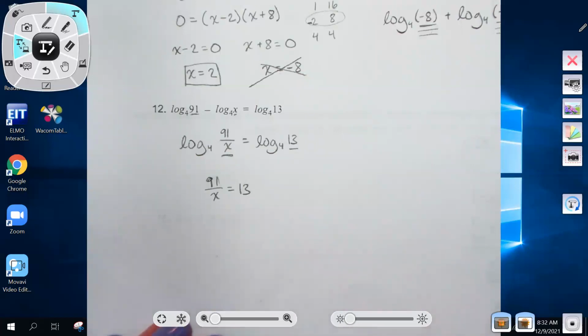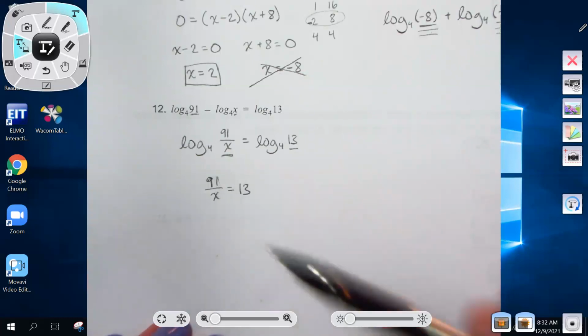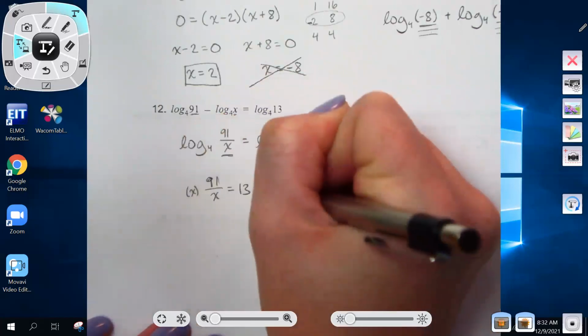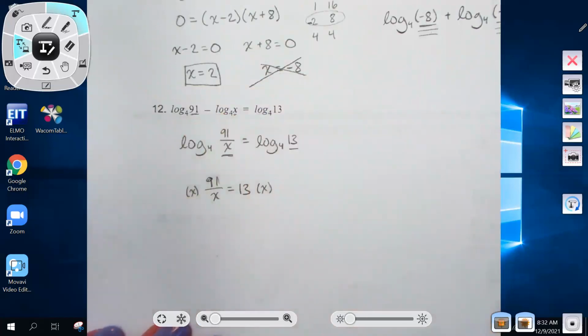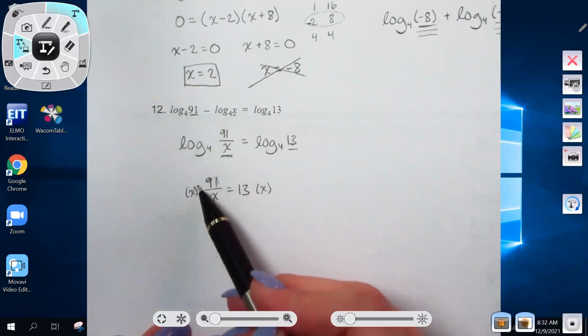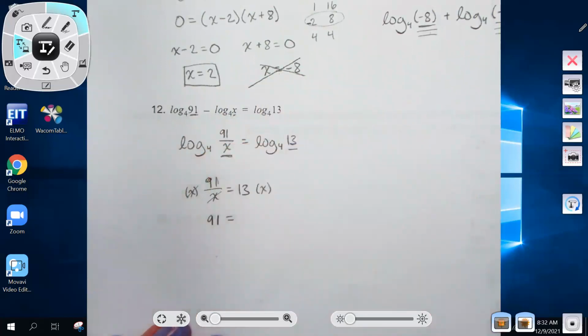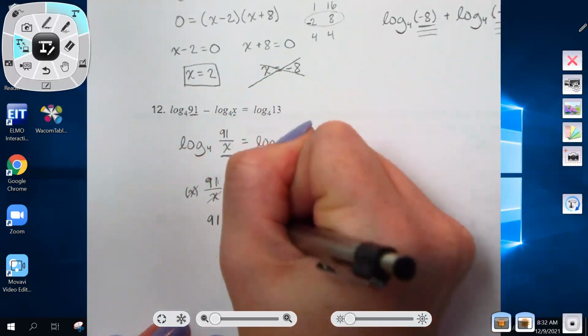Okay, we want to get x by itself, so we need to get rid of this fraction. To get rid of a fraction, you multiply both sides by the denominator. So these x's will cancel and just leave us with 91. 13 times x is 13x.